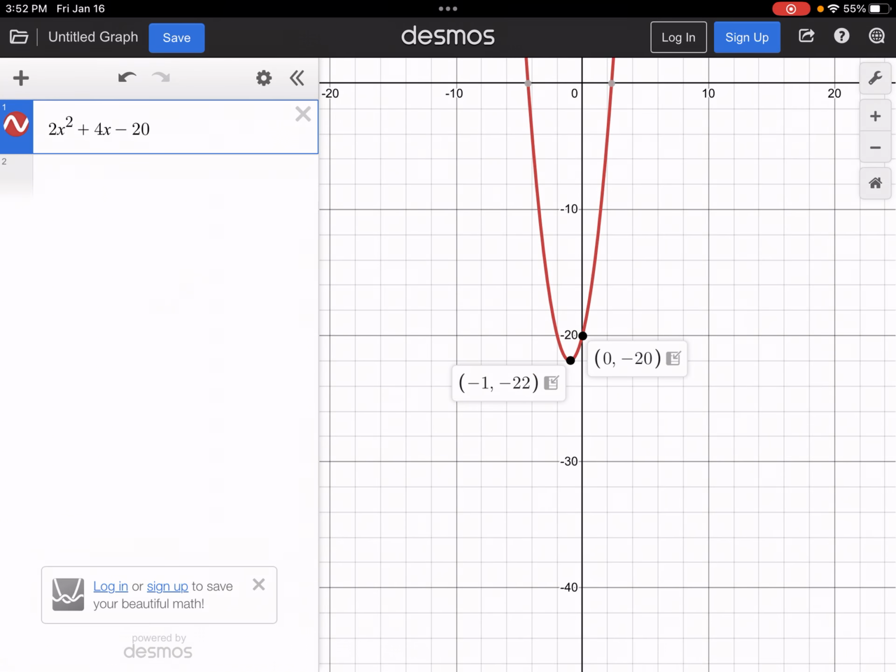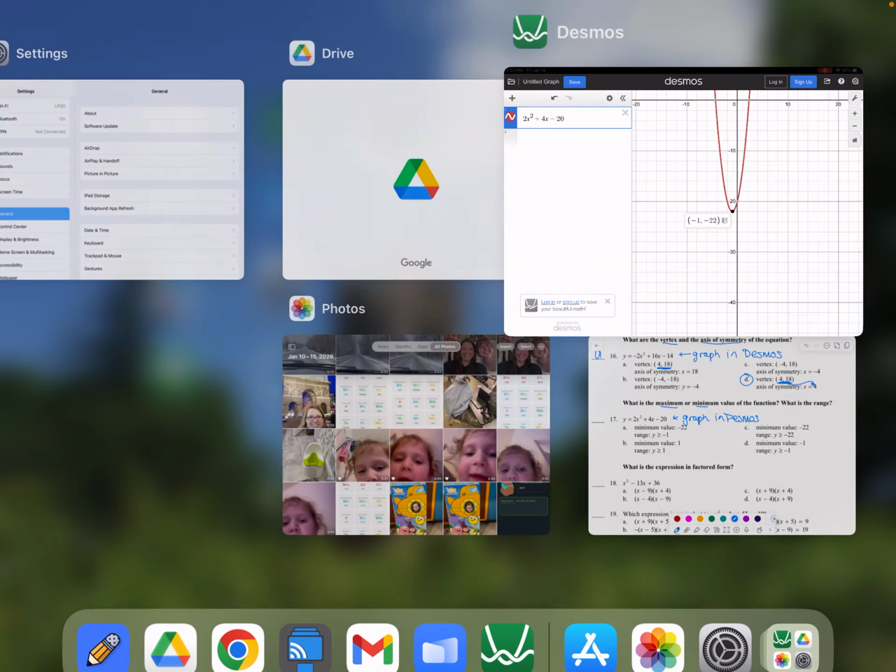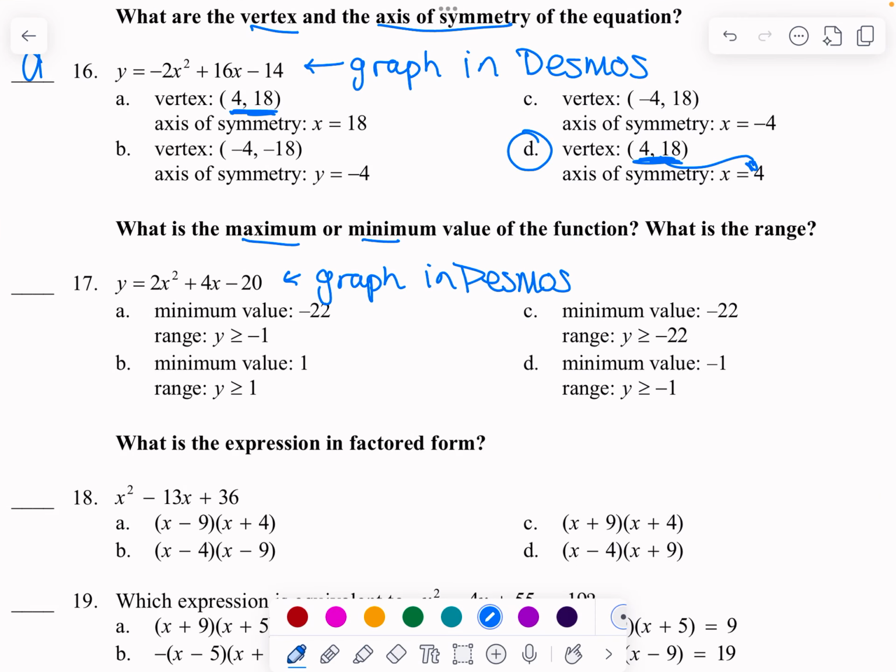So that's a minimum at negative 22. So we graphed it so that it was a minimum. They all said minimum. And then we see that these two have minimum at negative 22. That's good. So it can't be those because that's not negative 22. But then we want these two numbers to match.